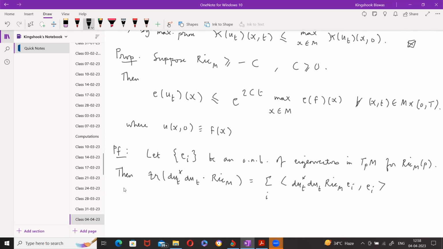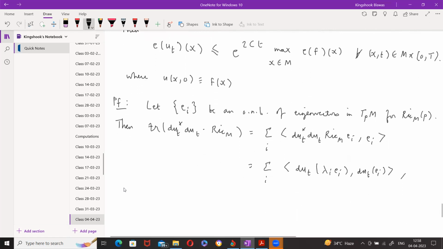So Ricci M of e_i is going to be some lambda_i e_i. And this du_t star I can take to the other side. So this becomes du_t of lambda_i e_i inner product with du_t e_i, where lambda_i are the eigenvalues of Ricci M. So those are bigger than minus C, right? Because Ricci M is bigger than minus C.